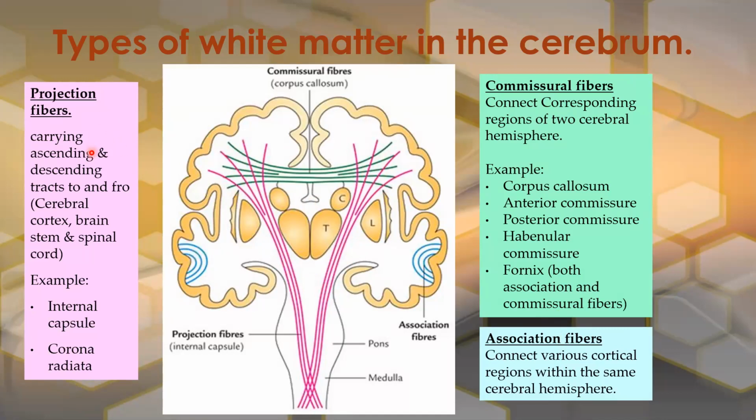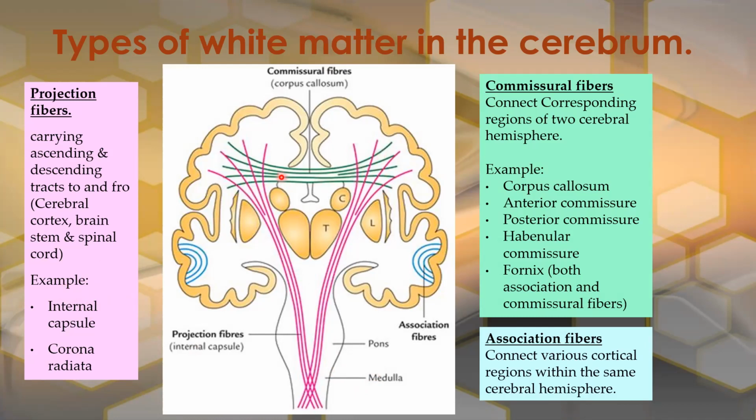Projection fibers carry ascending and descending tracts to and from the cerebral cortex, brainstem, and spinal cord. Examples of projection fibers are the internal capsule and the corona radiata.